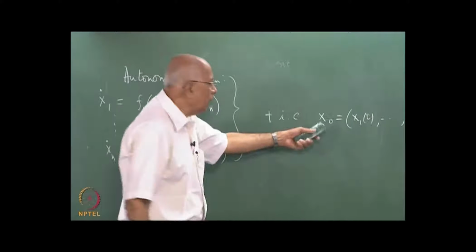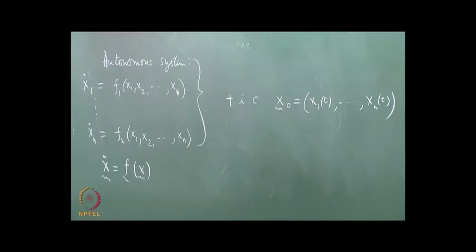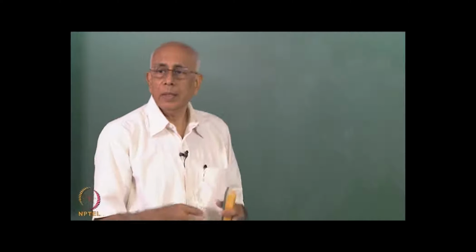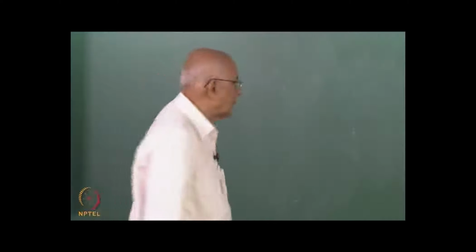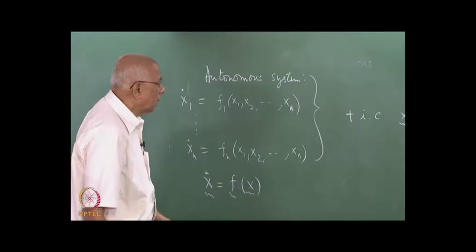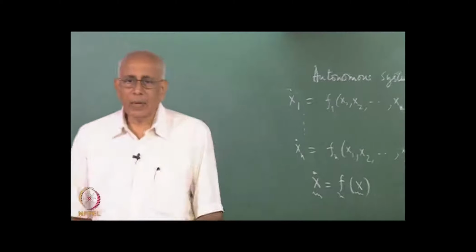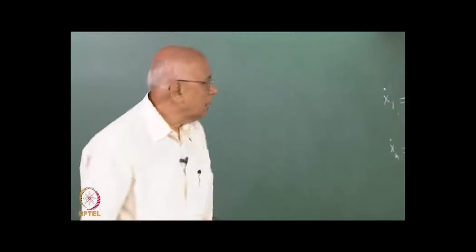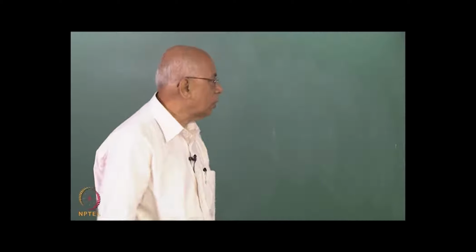So you have to give me an initial value of all the variables, an initial point in the space of these x's, and then in principle the task is to solve this set of differential equations and extract information on the behavior of this x as a function of t. Okay, so that is the task. Now, as I said, our ability to write down explicit solutions is extremely limited. In very few cases such solutions can actually be found.